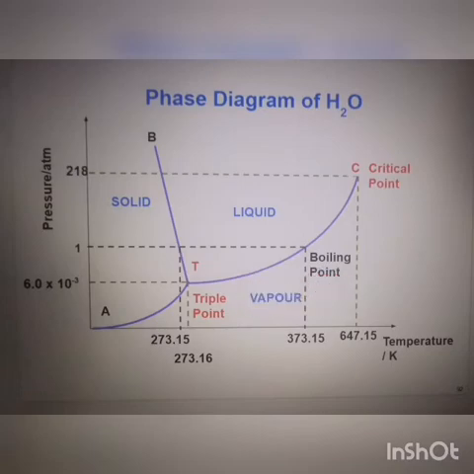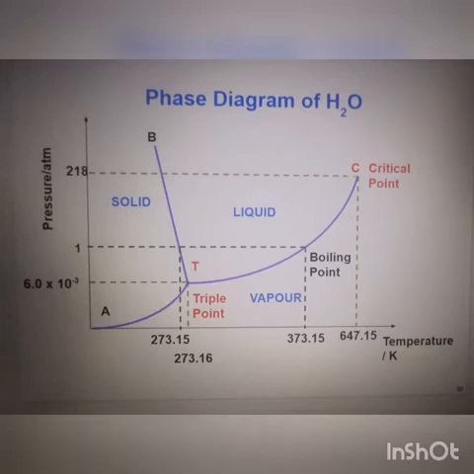If we take a look at the phase diagram of H2O right now, the diagram represents pressure versus temperature. Line TC represents variance of boiling temperature with pressure, line TB represents variance of melting temperature with pressure, and also line TA represents variance of sublimation temperature with pressure.